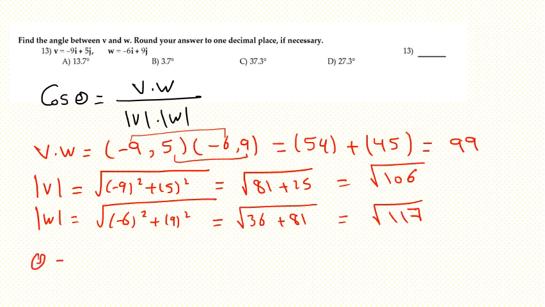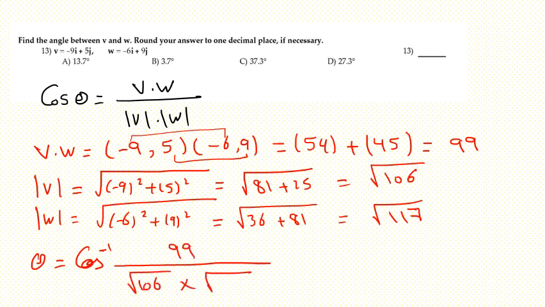So the angle is the cosine inverse of 99 over the root of 106 multiplied by the root of 117.